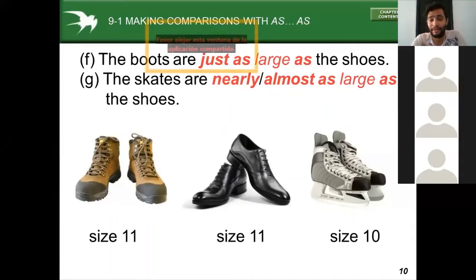Una pequeña diferencia. Entonces, dependiendo de si lo usan en negativo o positivo, podría cambiar mucho la intención. It's like ni cerca or cerca. Exacto, right? Just like this. It's the same thing that we use in Spanish. So the skates are nearly and almost as large as the shoes. Great.